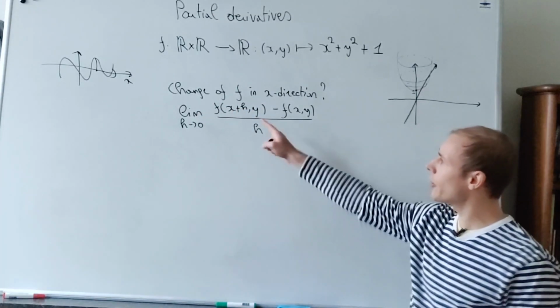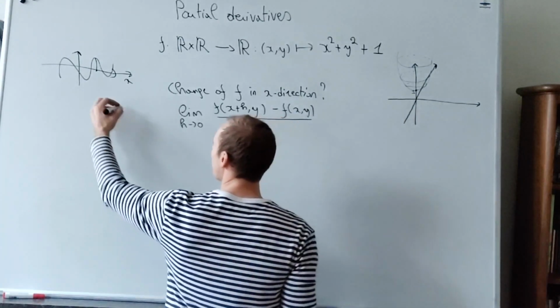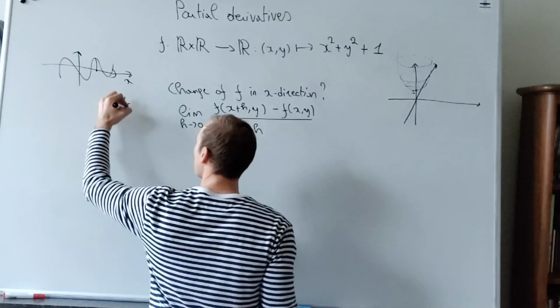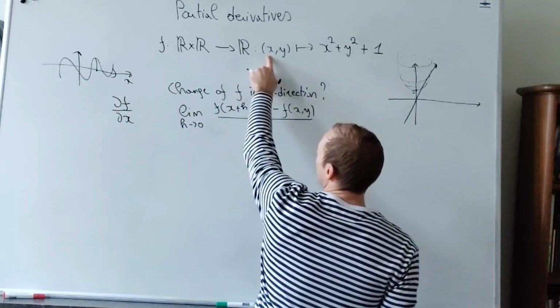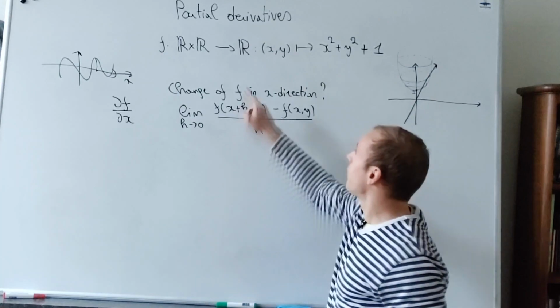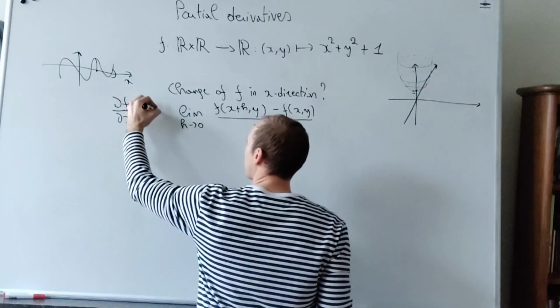And I call this the partial derivative of f in x direction. And the notation becomes delta f delta x to indicate that we're taking the partial derivative in this direction at the point x, comma, y.